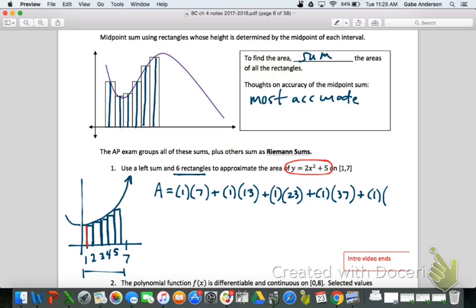If I use a 5 for x, it's going to be 55. And then finally, my final rectangle will squeeze in here barely, something like that. I'll be using a 6 to determine the height there. So 1 times, plug in a 6, what do we get, 77 I think?